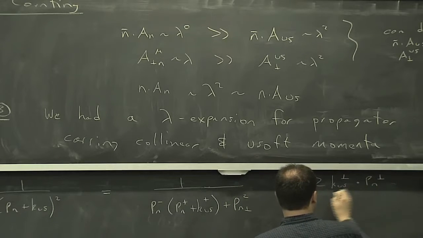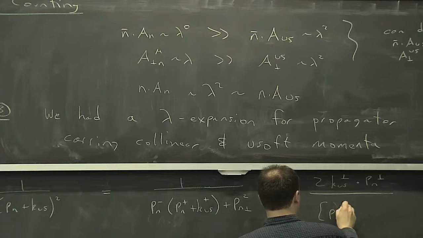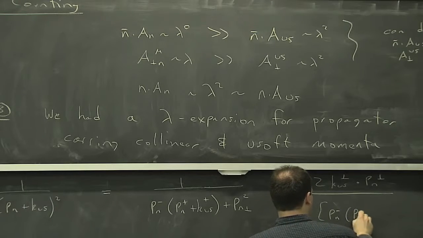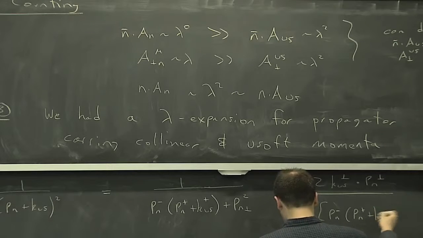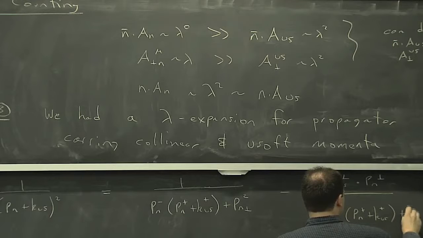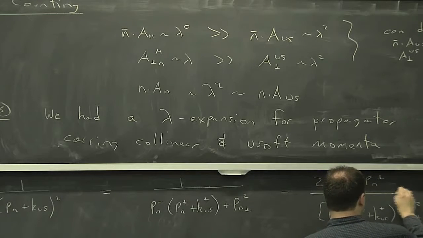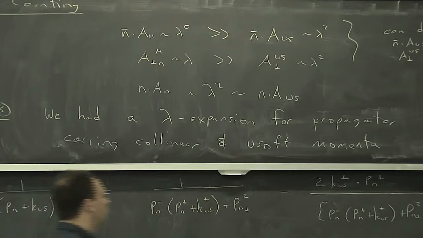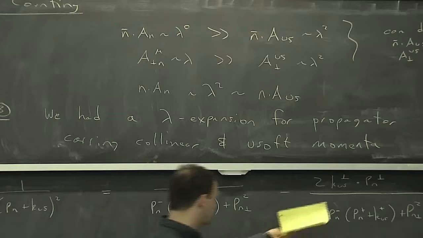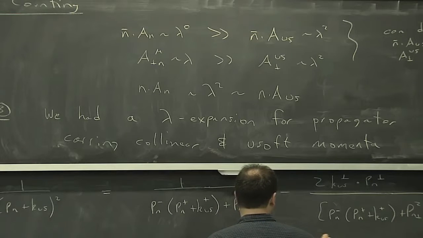So there's some terms that I can expand, and then I get the propagator squared, or I get a p squared squared, because I expanded something in the denominator back into the numerator. So the next order term comes from a dot product in the perp momenta, because the p n perp is large. And so we get a term with 2 k ultrasoft dot p n perp that corrects the leading order term, and that's the first subleading term.